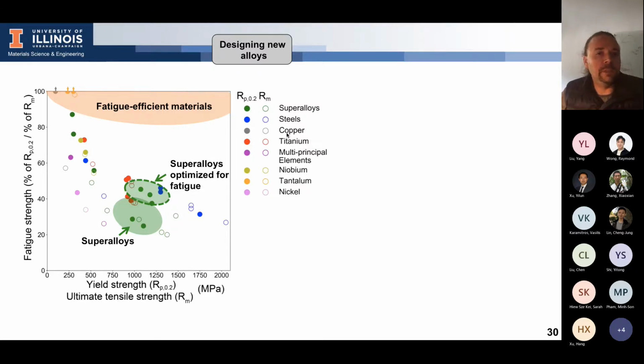However, we are still very far from a material that is efficient in fatigue with a very high yield. This is really related to the intrinsic localization in FCC and HCP. You will always develop a relatively high localization of plasticity. So you will always have relatively low fatigue strength.